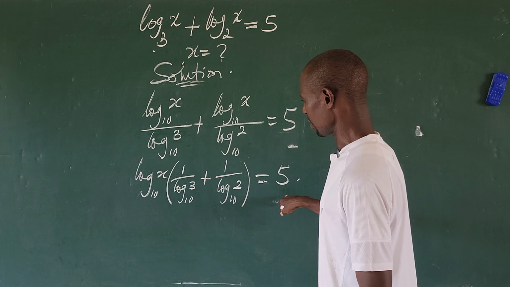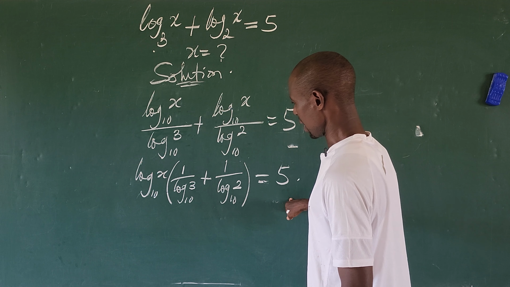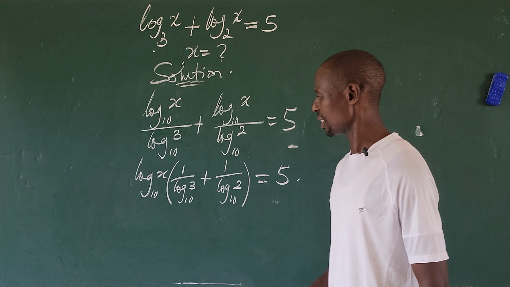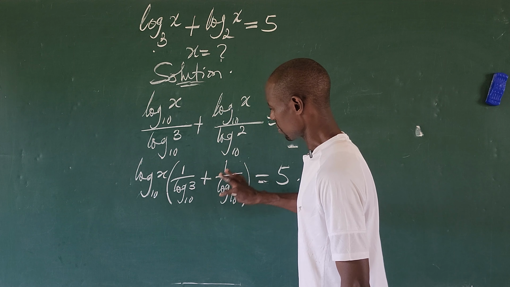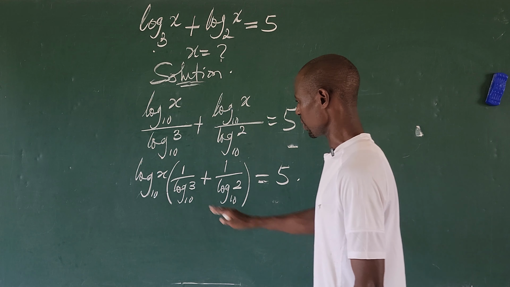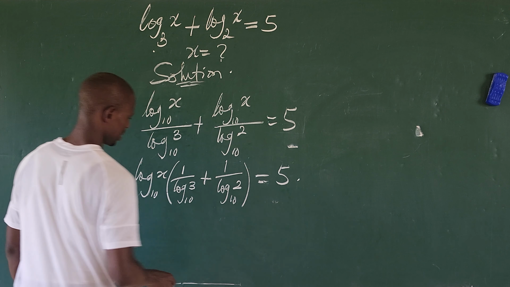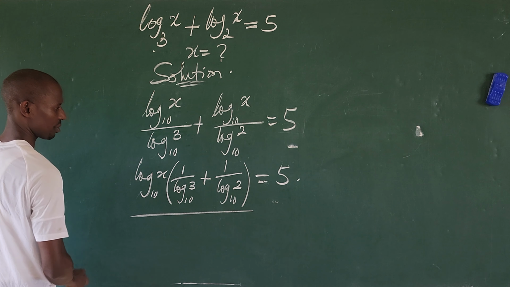Now, we could decide to bring log x base 10 to this side of the equation, but because of the presence of this x, we're still going to have a challenge. These logs can give us numerical values here, and so we can divide by this bracket.